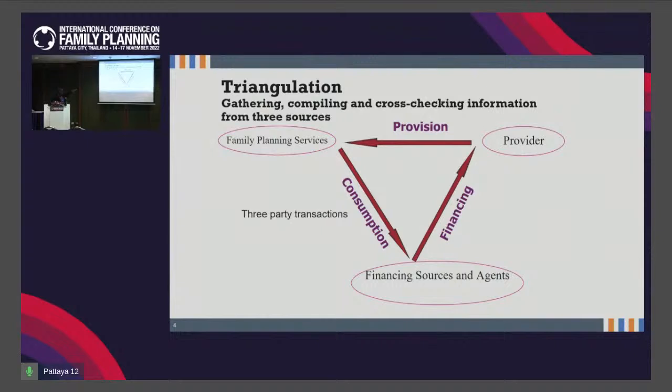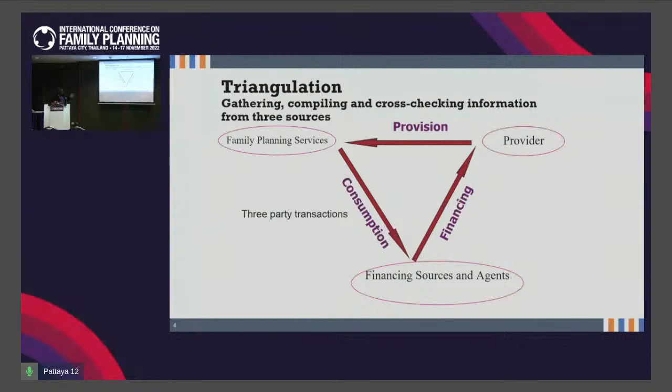So we have three dimensions here, and all these three dimensions capture expenditure. In terms of financing, we measure or track expenditure in terms of financing sources and financing agents. The agents are entities that pool resources, and then they give to service providers to provide services.